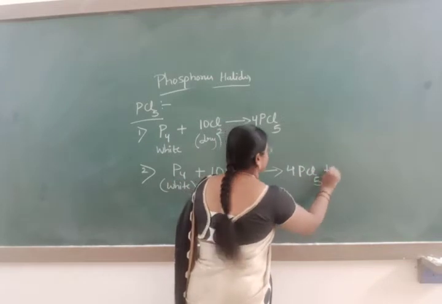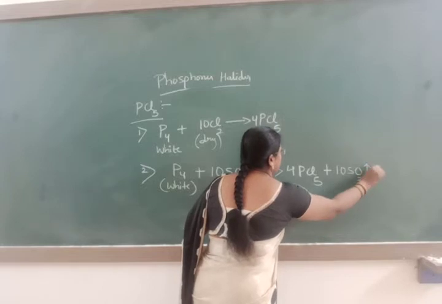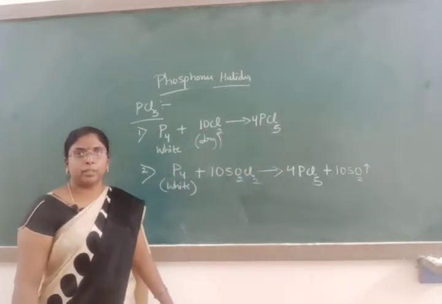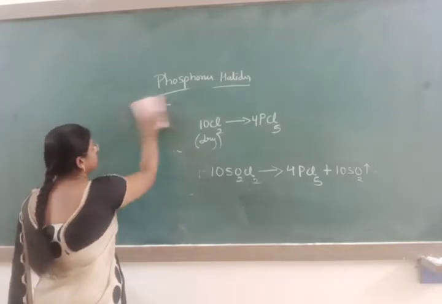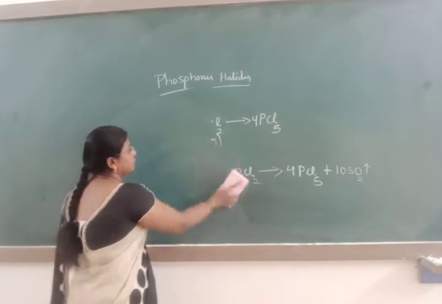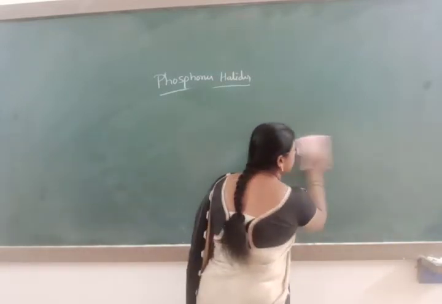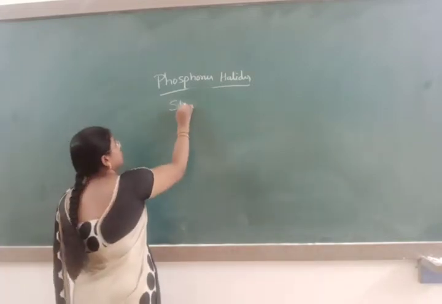Along with that, you get sulfur dioxide as a gas. This is the second method of preparation of PCl5. After that, next comes its structure. Structure of PCl5.